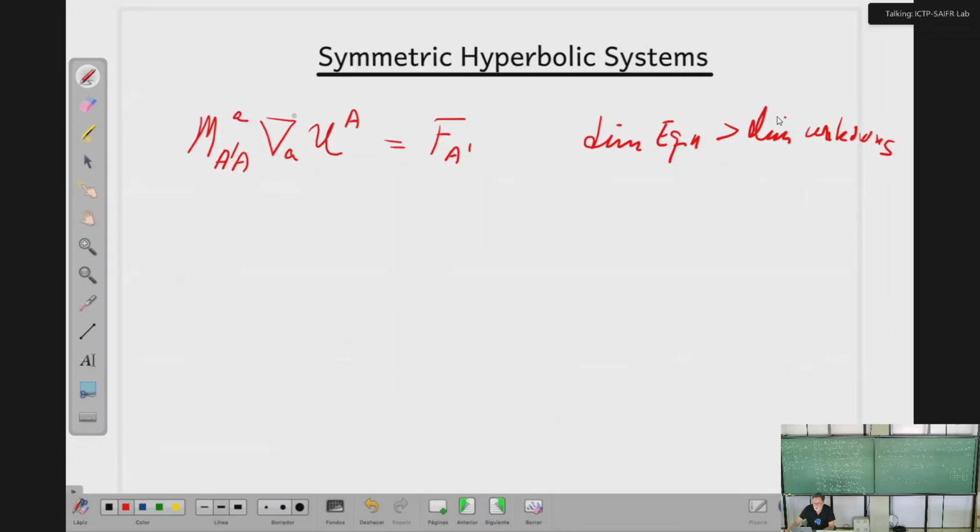So what we analyzed was these matrices here, because that tells us a lot about the system. And for this matrix, we require that there is some covector n_A in the space-time such that M^A' _A n_A has no kernel.